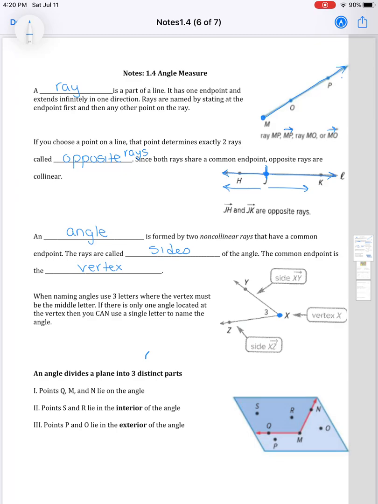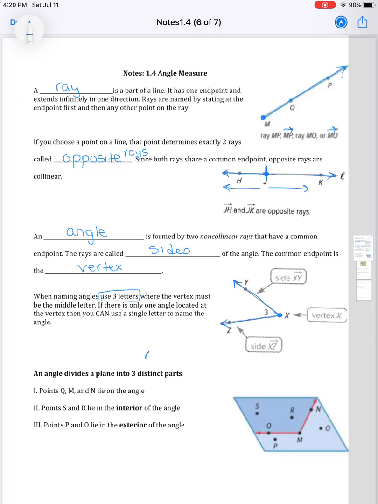When we talk about an angle, the little middle letter, or the common endpoint of the two rays, is our vertex. It is made up of two rays, which are considered to be the sides. When we name an angle, we use 3 letters. That is most important. Do not use a single letter unless that is the only option that you are given.